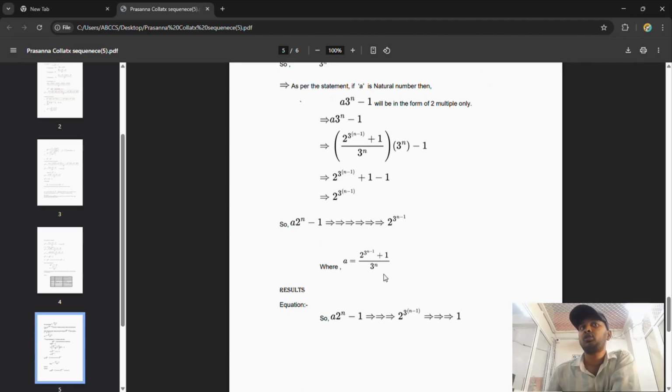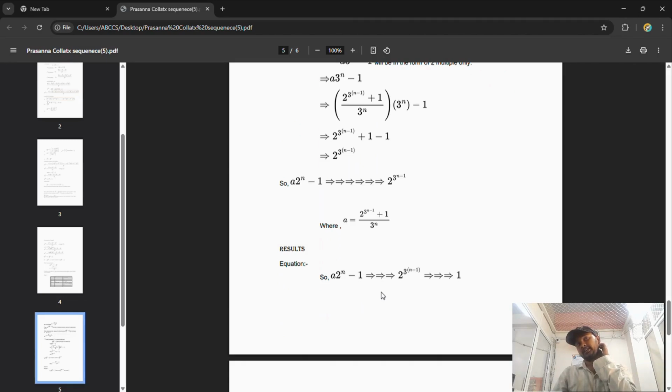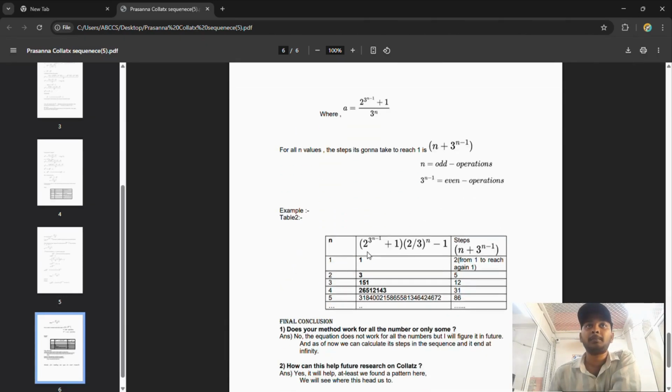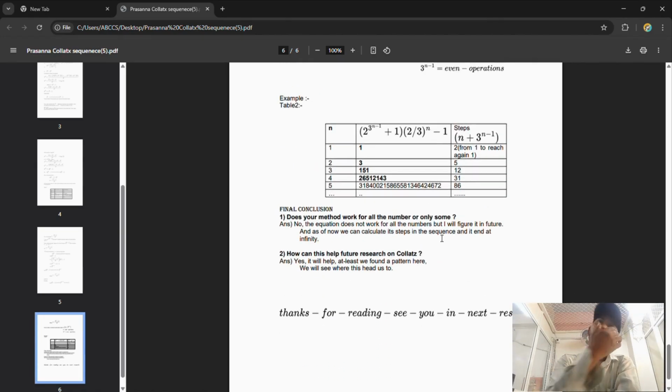So as I stated, whatever numbers are in this form will definitely take these number of steps. After doing this number of steps, it will definitely reach 1. This is the proof.